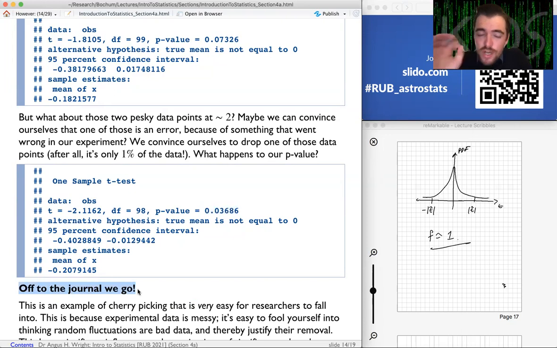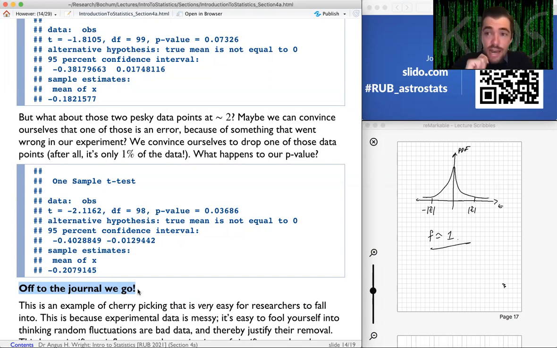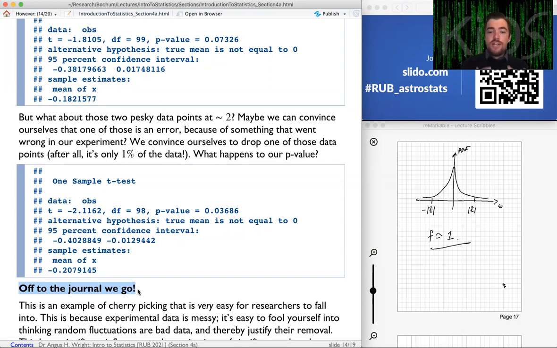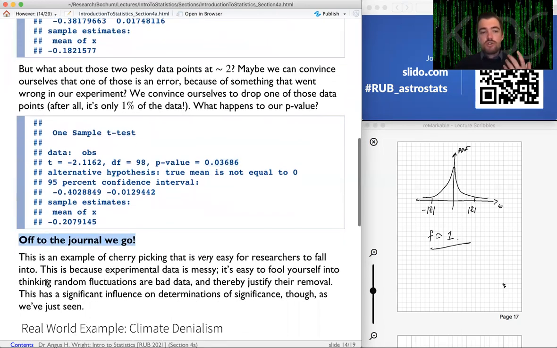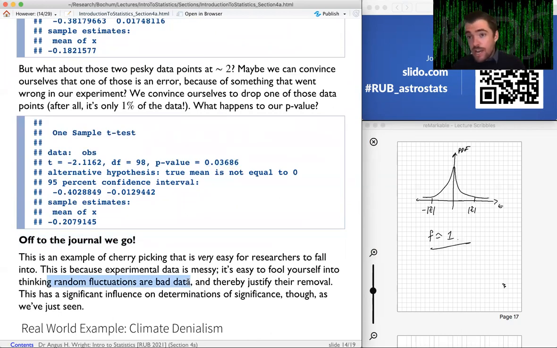It's extremely easy for researchers to fall into the process of inadvertently cherry-picking because of outliers in data. Experimental data is messy, right? And so it's easy to fool ourselves into thinking that we have some truly bad data when in fact we just have a random fluctuation.